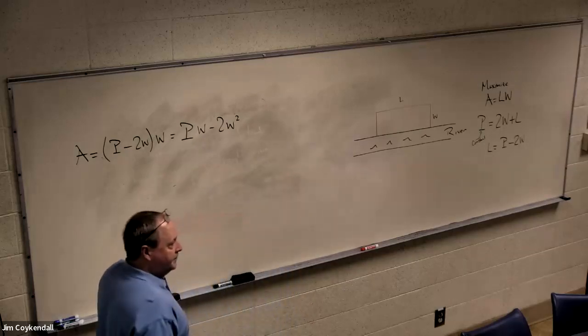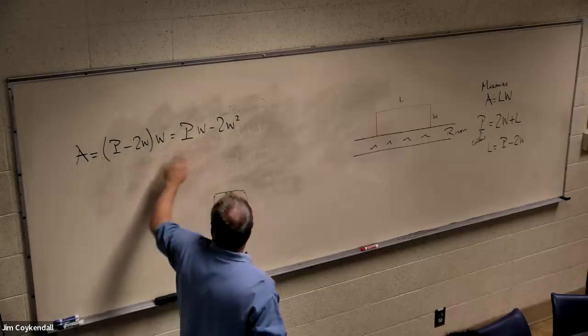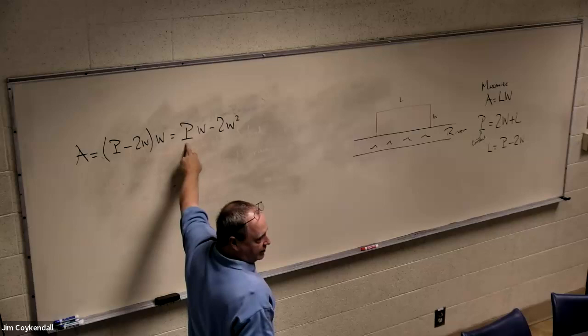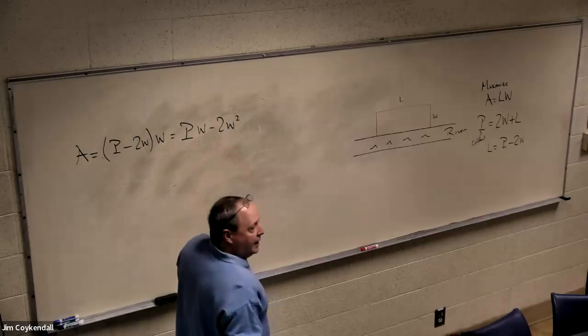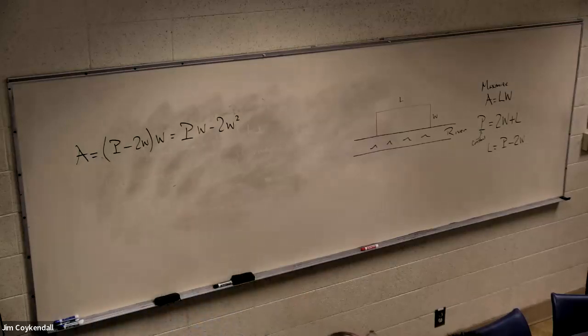Everybody okay with that? Notice now I've only got 1 variable. A is a function of 1 variable, because remember, P is a constant. Everybody okay? So the area is actually given by this crazy formula, perimeter times W minus 2 times W squared.